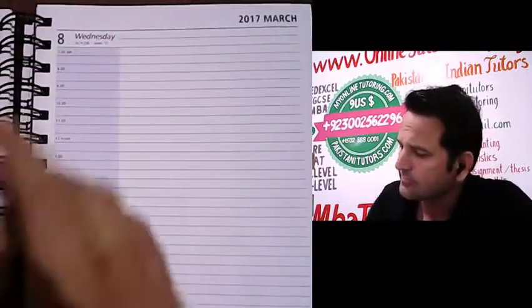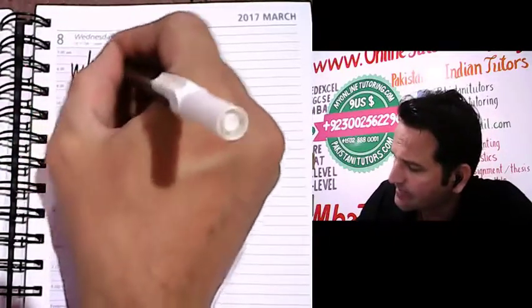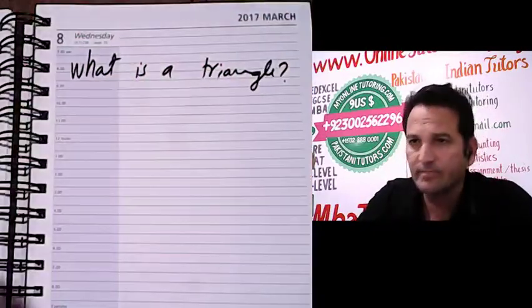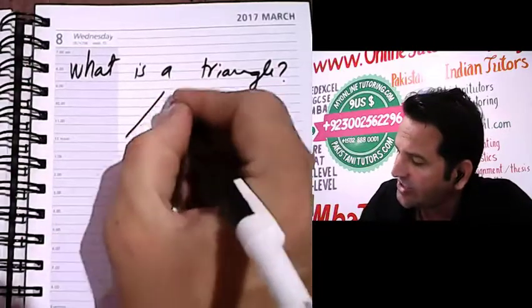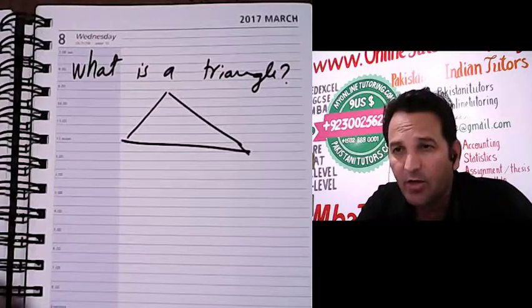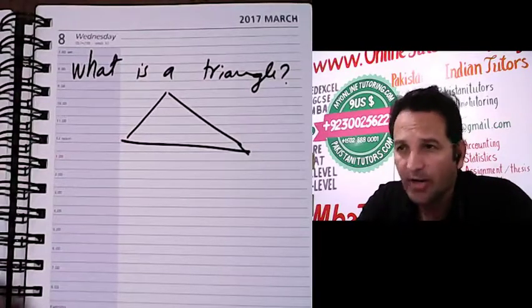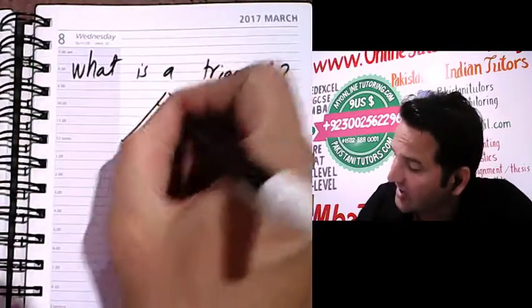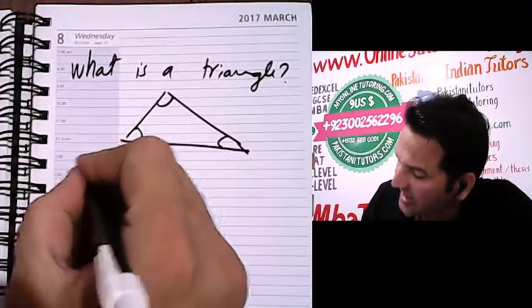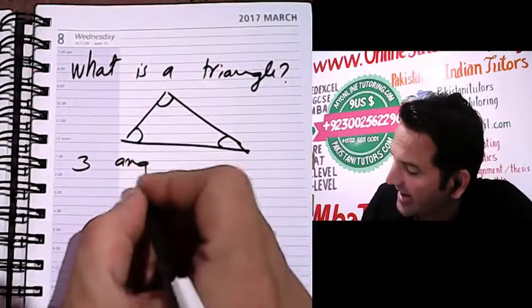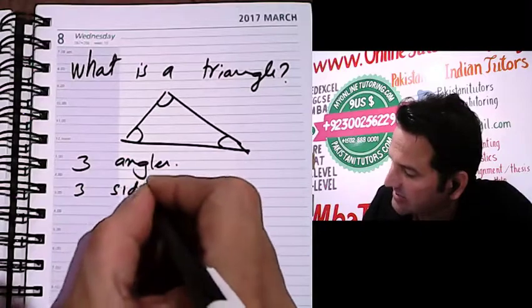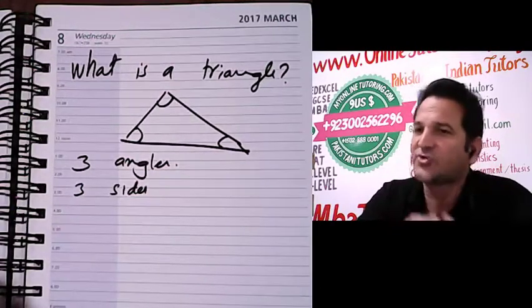So, what is a triangle? Any shape which has three corners, it means three angles. Any shape in which there are three angles and three sides will be treated as a triangle.